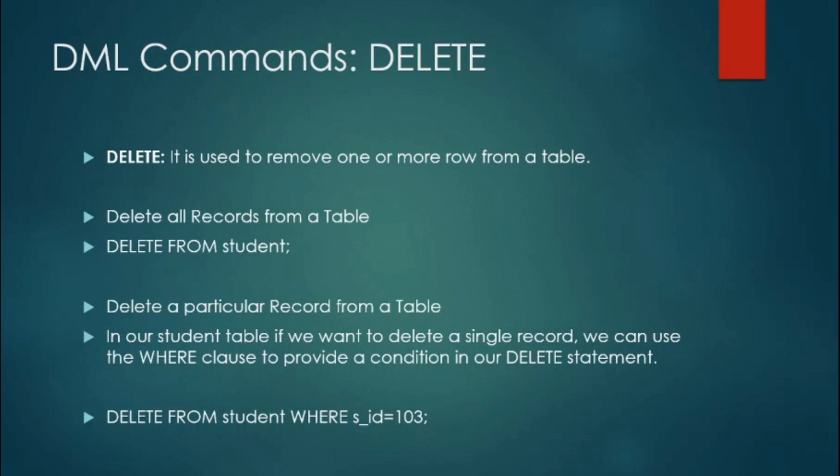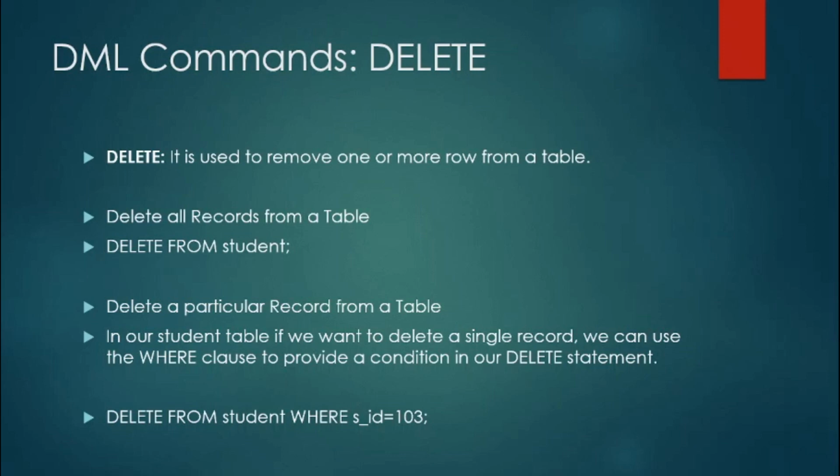Okay, now the delete command. It will remove one or more rows from a table, depending upon whether you are using the filter criteria or not. In the statement delete from student where student ID is 103, it will just remove the row from the table where the student ID is equal to 103.